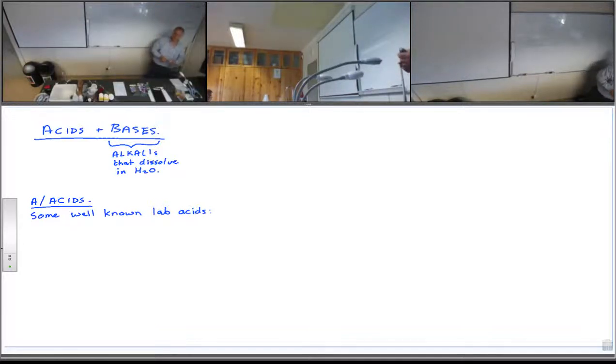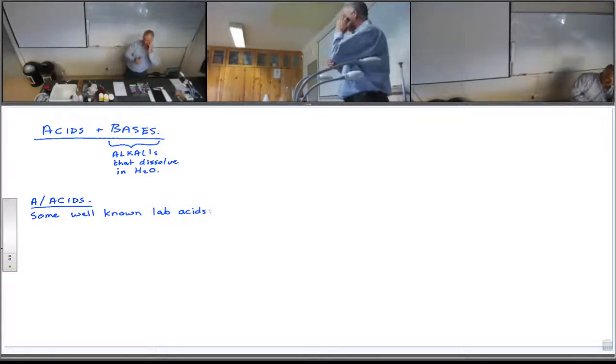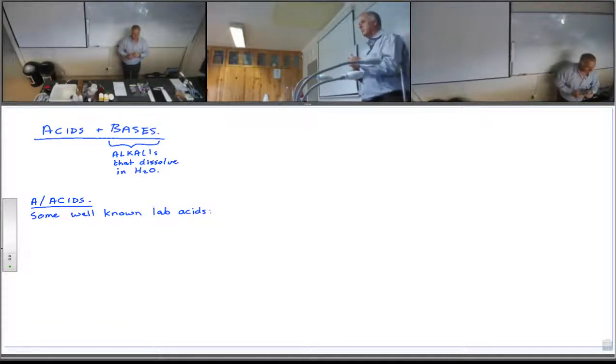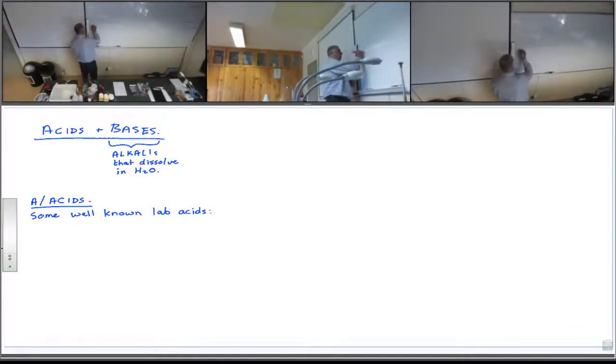Hydrogen sulfate, yes. Anything else? Hydrogen sulfate, sulfuric acid is the same thing. Hydrochloric acid? Nitric acid. So if we just wrote some of them down, hydrochloric acid, HCl. Sulfuric acid, H2SO4.